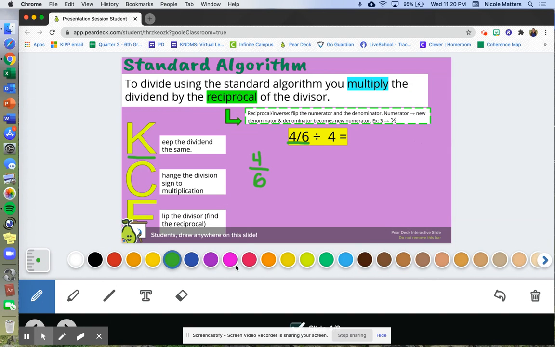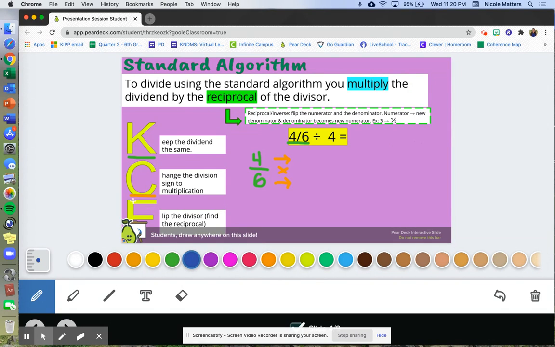All right, my next step, let's do it in orange, is change the division sign to multiplication. Okay, and remember when I'm multiplying a fraction by a fraction, I just multiply the numerator by the numerator and the denominator by the denominator.